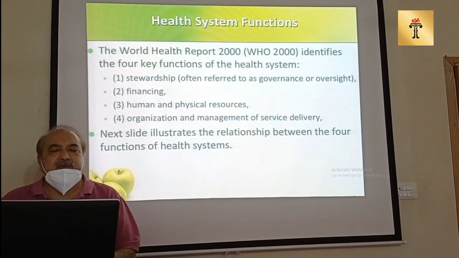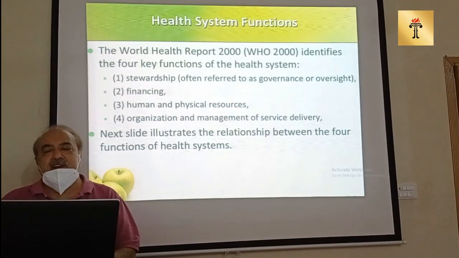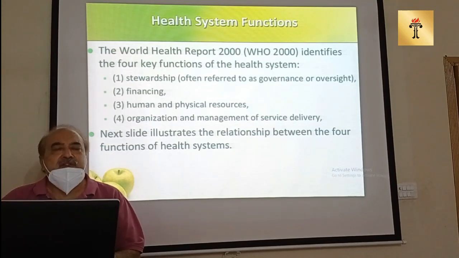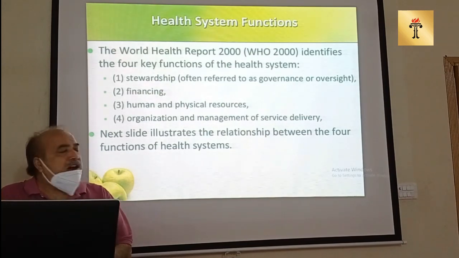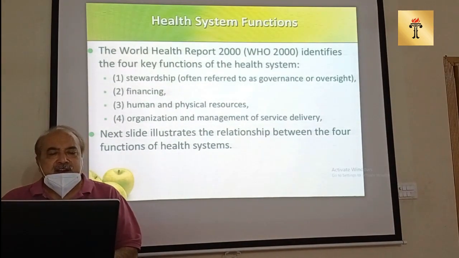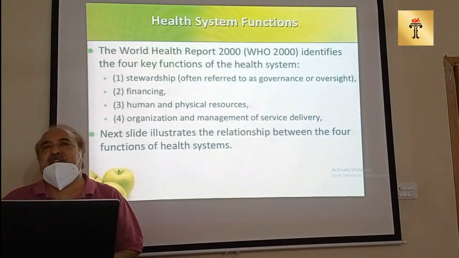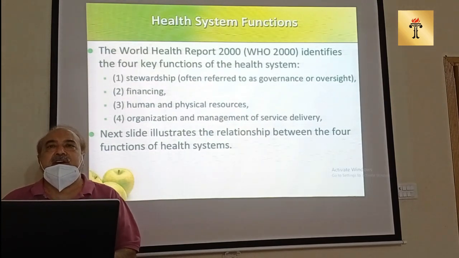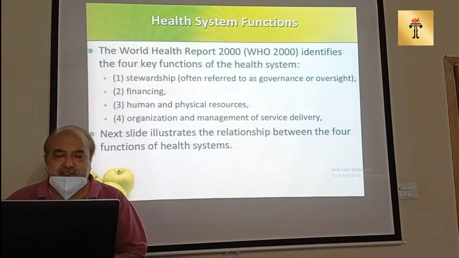So as per World Health Report 2000, WHO 2000, this report identifies 4 key functions of the health system. The first was the stewardship, as I told you, and this also refers to governance or oversight. Then the important aspect was financing, the budget, the economic resources needed for the system.